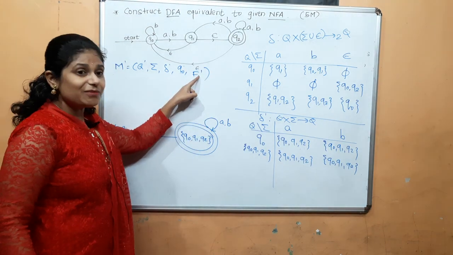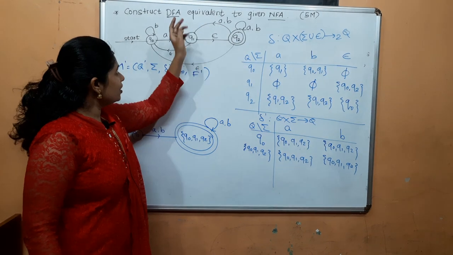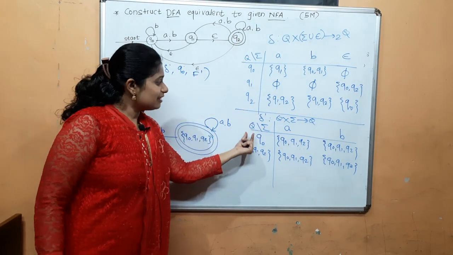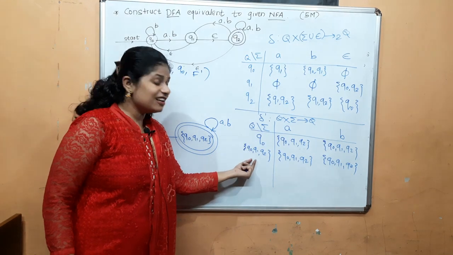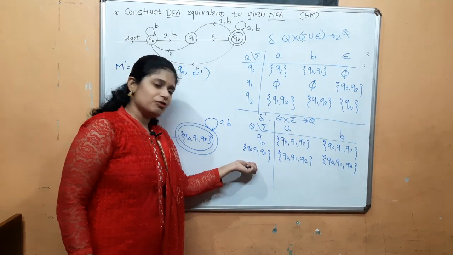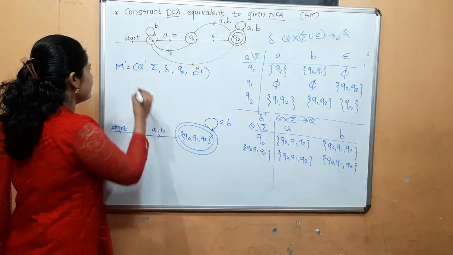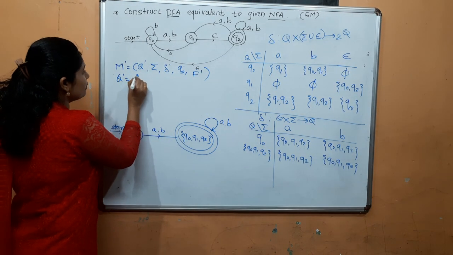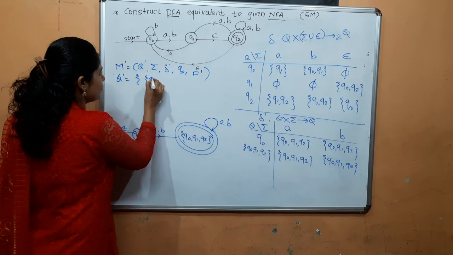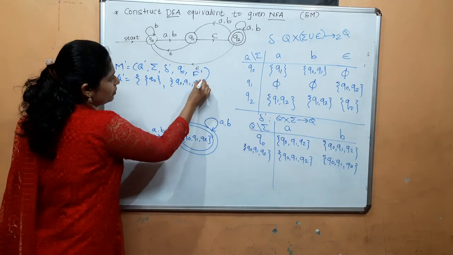Here we can use the F' because in the original or given NFA the final state will be Q2, but in the DFA the final state will become the set of Q0, Q1, Q2. That's why here we can use the F', where Q' will be the set of Q0, comma Q0, Q1 and Q2.